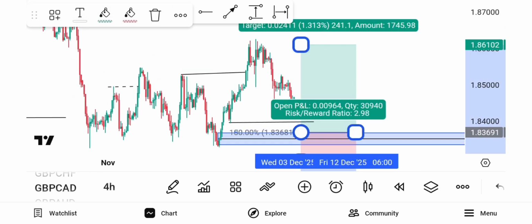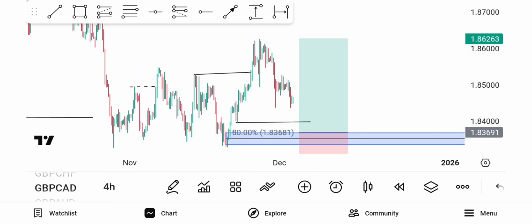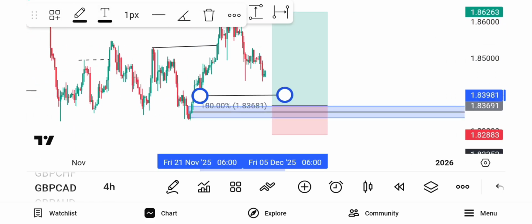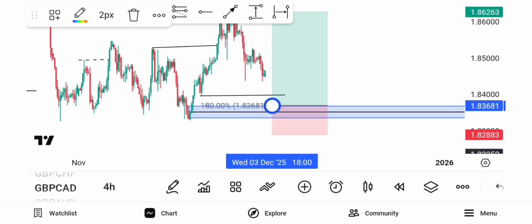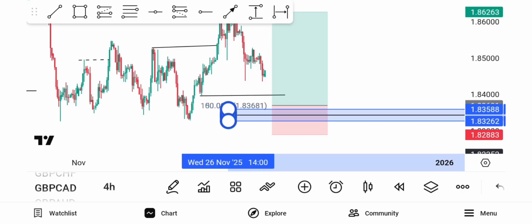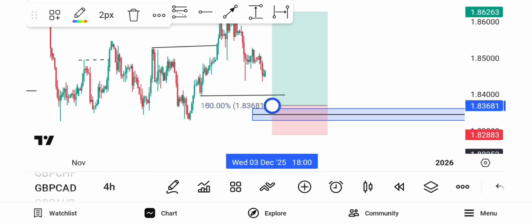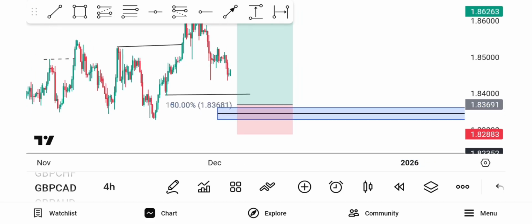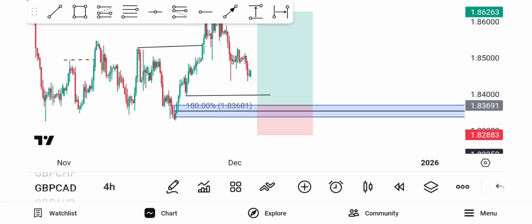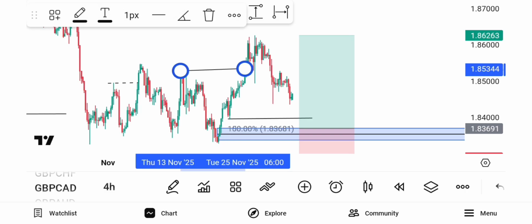So this way I'm targeting this high. So I just want to remove this. Okay, let me just go back. I'm targeting this high. This is my targeted high, and you can see shift structure has occurred already.